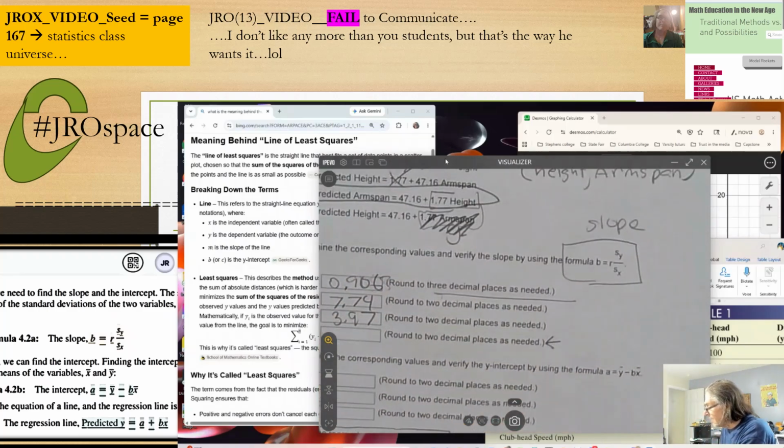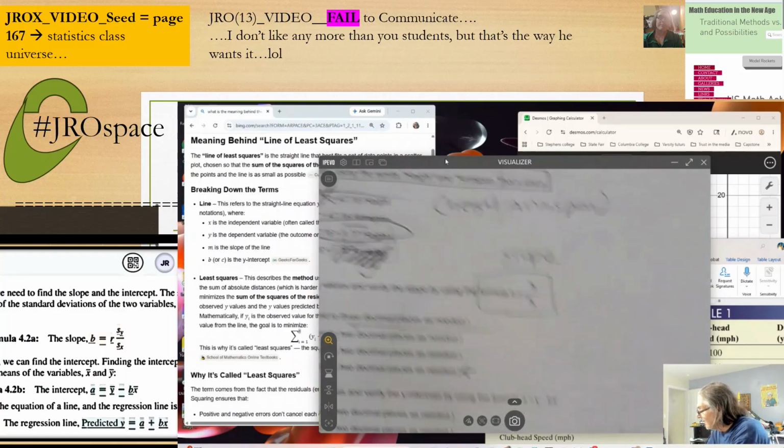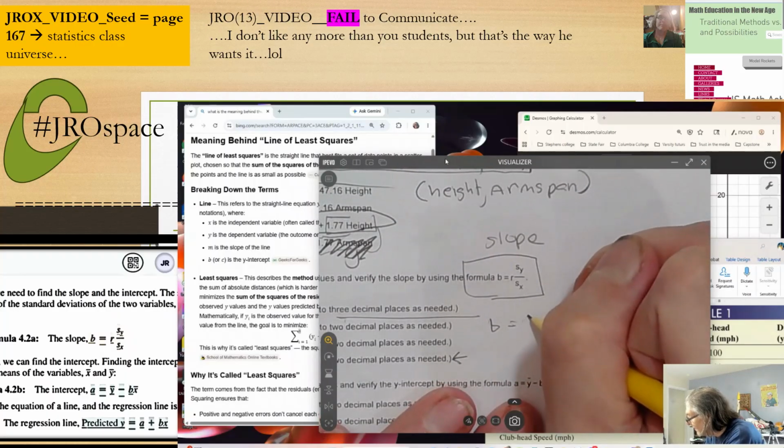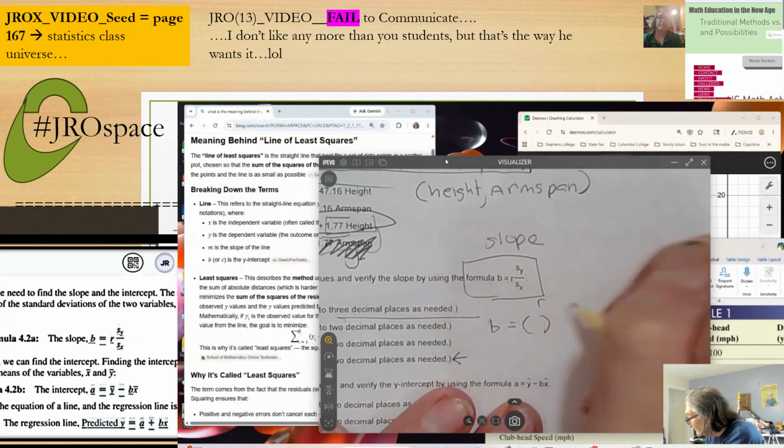All right, and then this is the slope. Let's calculate the slope. B equals, and then we need the R, right? We need the R, and then we need the standard deviation of Y over the standard deviation of X.